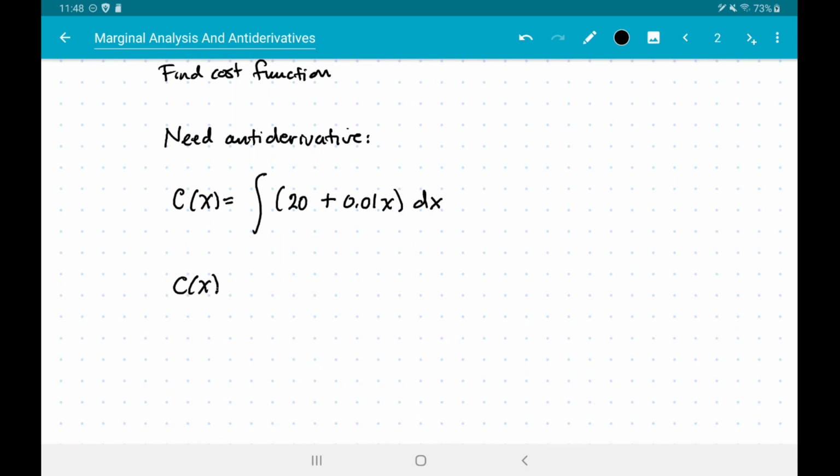We've done a few of these, so I'm going to assume that you don't need to see all of the steps. Let's first deal with the 20, and then we'll deal with the 0.01x, and we can do that because we're just doing the antiderivative of the sum of these terms. The antiderivative of 20 is 20x. Then we will add the antiderivative of 0.01x.